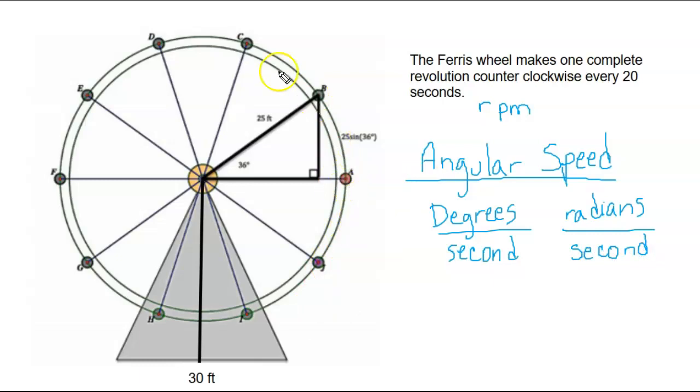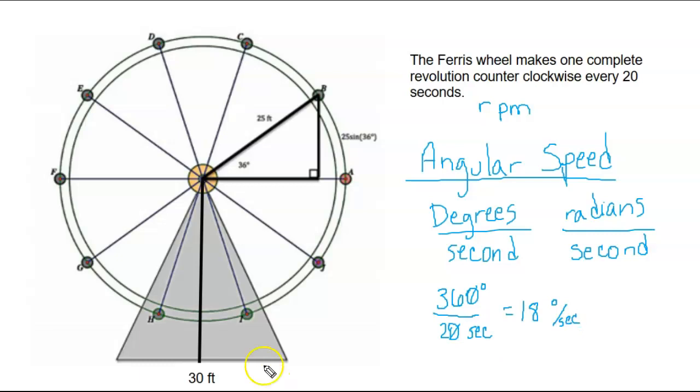So one full revolution would be a whole circle, that would be 360 degrees. And we know it does that one full revolution, 360 degrees, in 20 seconds. That means that our angular speed, if we reduce it, will be 18 degrees per second.